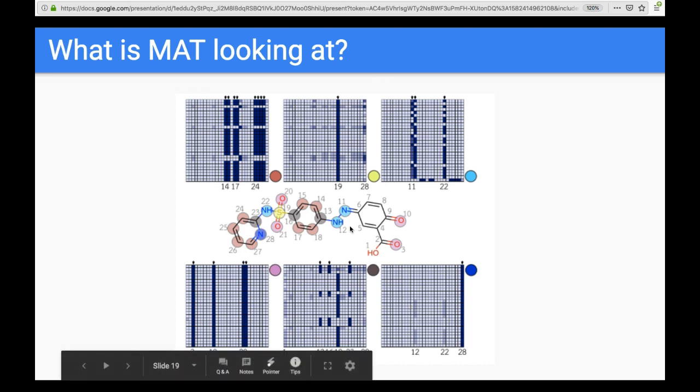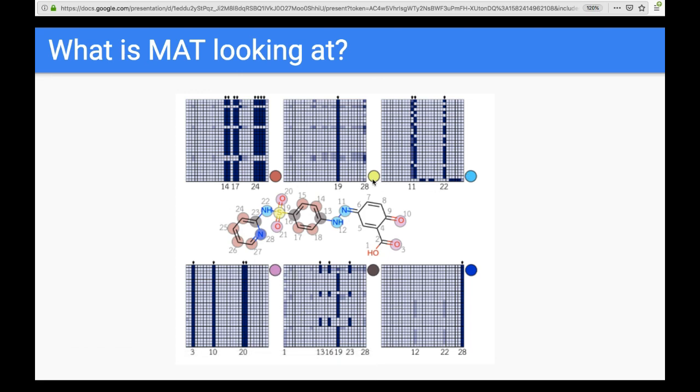So this is how you pay attention. Every different color in this graph actually represents a different attention head. For example, the red color pays attention to one kind of chemical pattern. The blue color here pays attention to a different kind of chemical pattern. So that's just how it works.